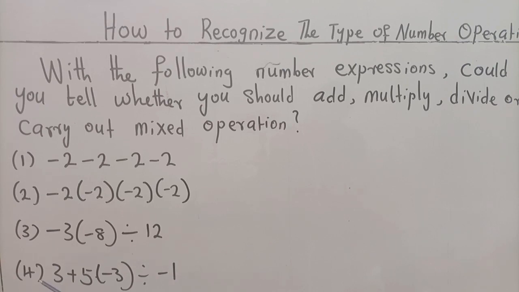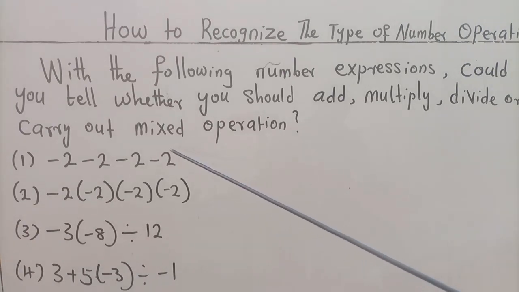Take a look again at this number 4, 3 plus 5, bracket minus 3, divided by minus 1. Are we carrying out addition with 3, 5, minus 3, and 1? Or are we carrying out division with them? Or are we multiplying them? Or are we carrying out mixed operations with them?